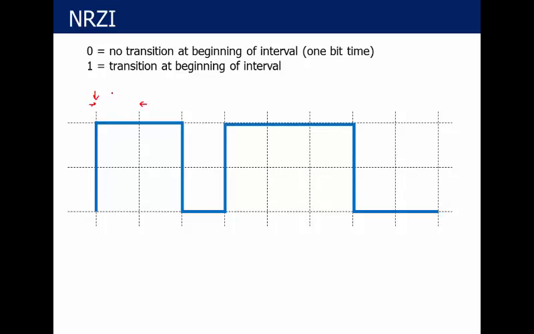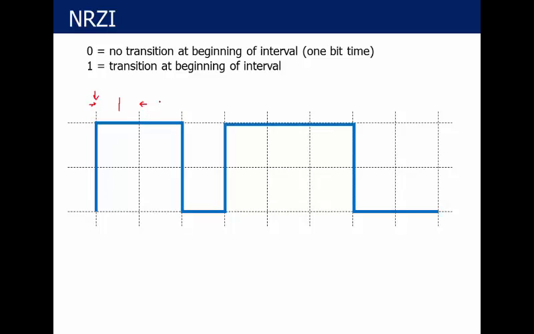Is there any transition? If you see this, there is a transition, right? From low voltage to higher voltage. If there is a transition, then this means what? Number 1. What about this? 0, because there is no transition.